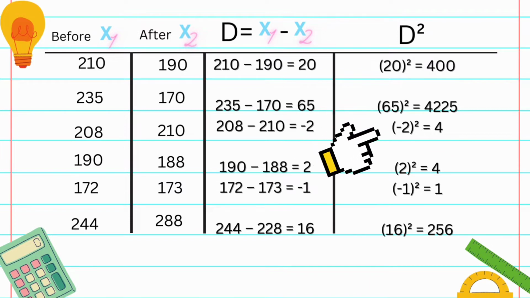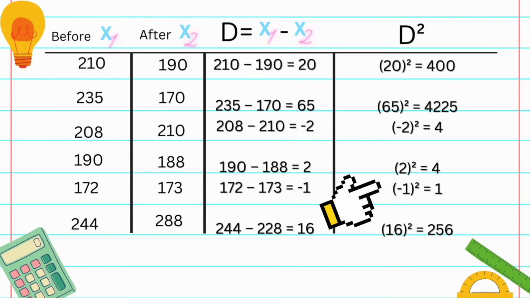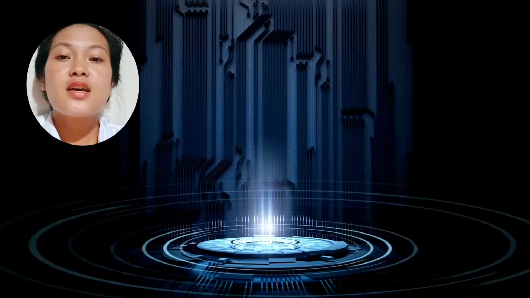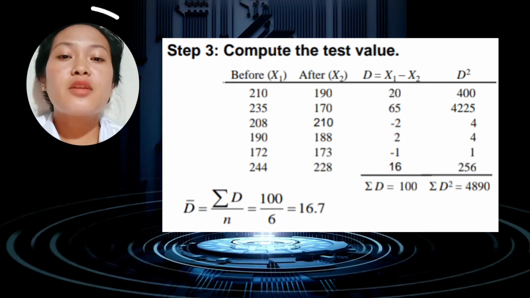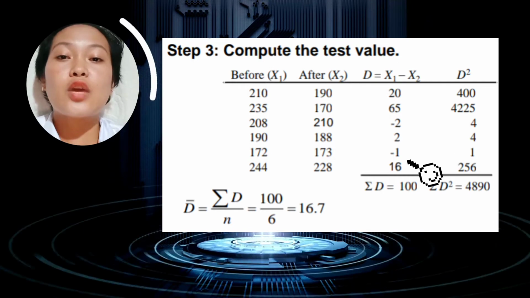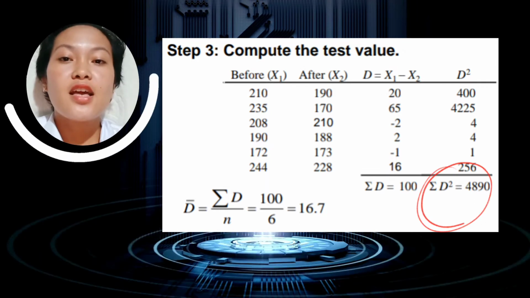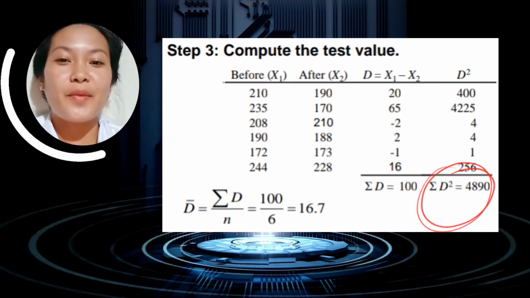Negative 2 squared equals 4. 2 squared equals 4. Negative 1 squared equals 1. 16 squared equals 256. Hence, we have the summation of D squared is equal to 4,890. Then, the table is complete.